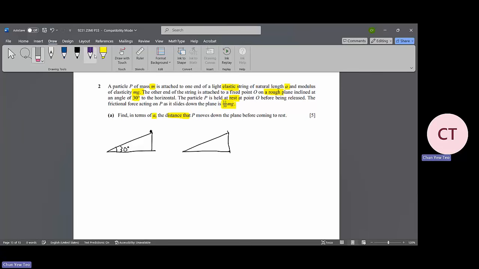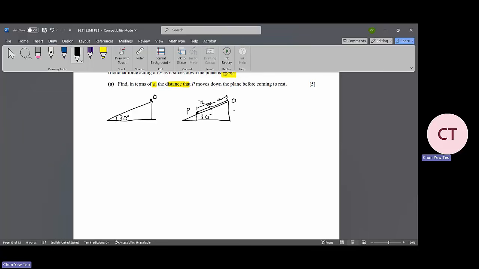Maybe let me draw the diagram that looks better. So this is the a. This is the x. That is your P. Okay. So now, we need to use conservation of energy. But first of all, we need to find the height.